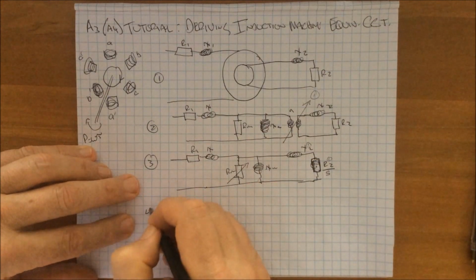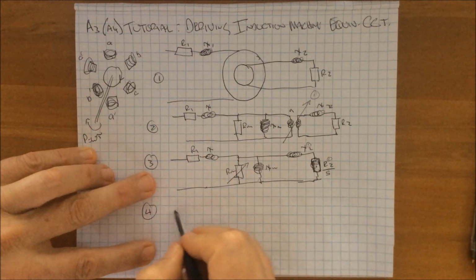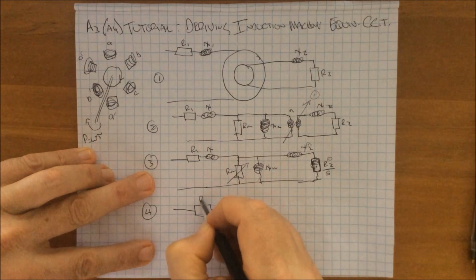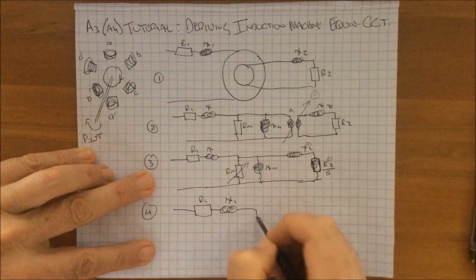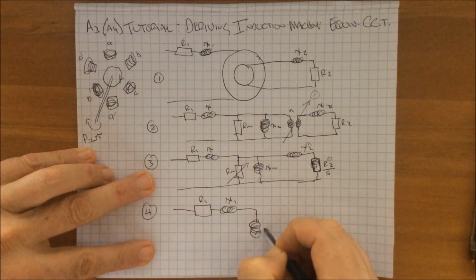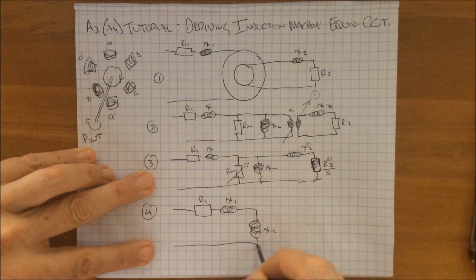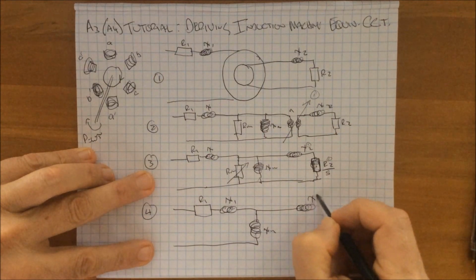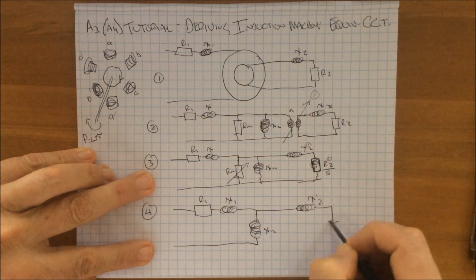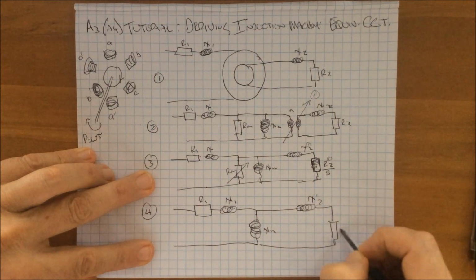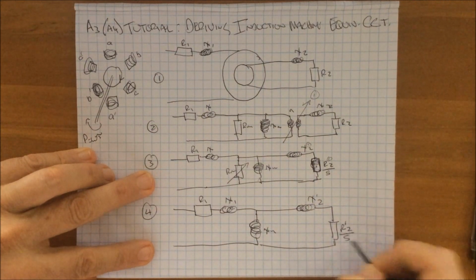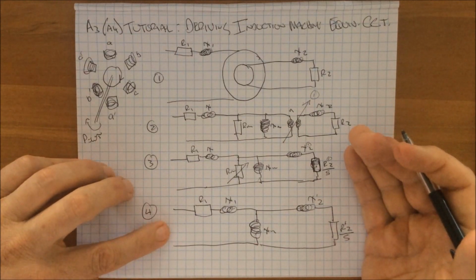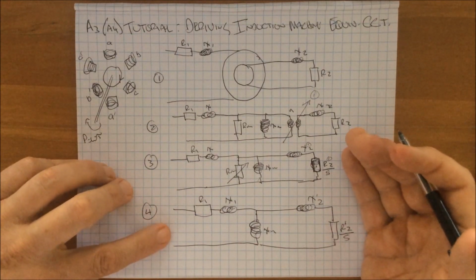So we end up with the final stage of our equivalent circuit as being R1, X1, a magnetizing reactance, Xm, as well as the secondary X2 dash and the secondary resistance R2 dash over the slip. And that is the development of your basic equivalent circuit for an induction machine.